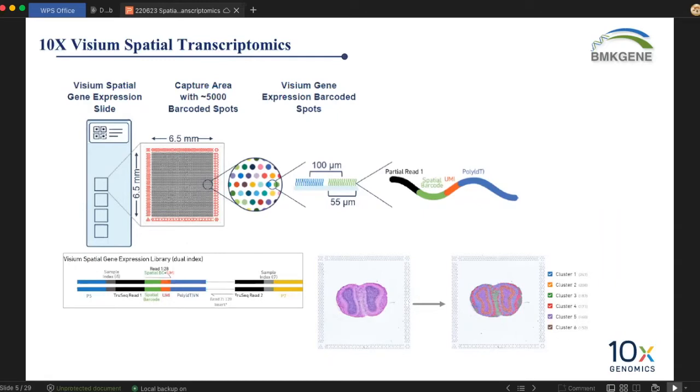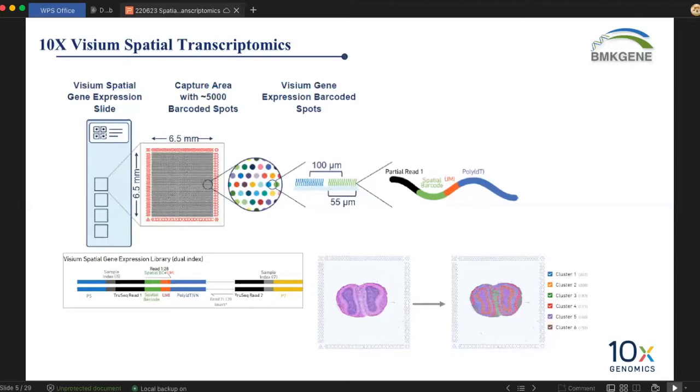What we do is mount our tissue slices on top of this capture area. On this area, we have these spots, as I showed here. On each spot, we have different probes that can capture the RNA molecules released from the tissue slice. These probes consist of adapters that are compatible with the Illumina sequencing flow cell, and a spatial barcode which retains the spatial information for us.